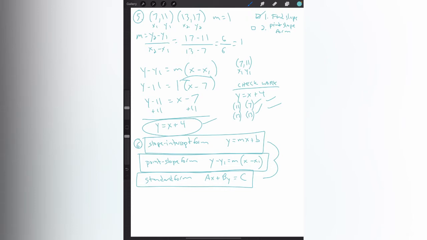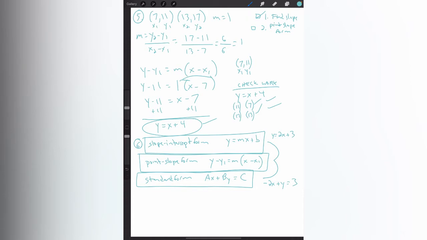So know that something in slope-intercept form could look like y is equal to 2x plus 3, right? And something in standard form would look more like this. It'd be like negative 2x plus y is equal to 3, right?